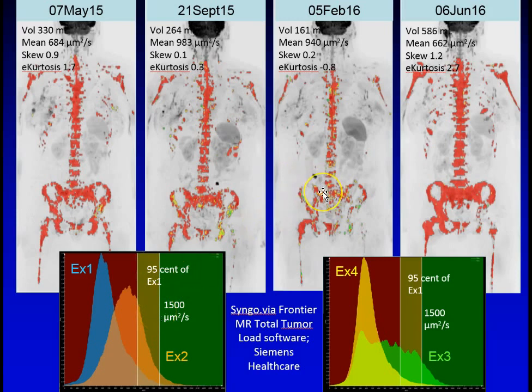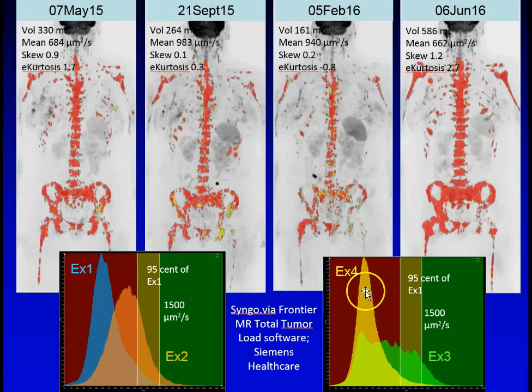On examination number 3, what you notice is that there does seem to be further response. And in fact that's shown on the histogram, and you can see this is the histogram on occasion 3. But there are lots and lots of red areas here indicating ongoing active tumor, and you can see straight away that on the next occasion she's clearly progressed.